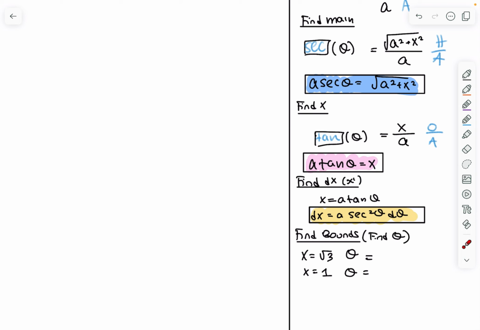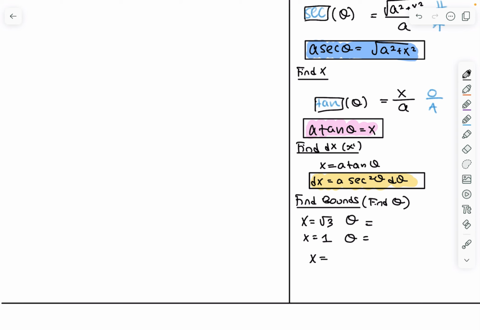So what I always like to do is take this equation over here. If x is equal to a tangent of theta, and a is really just 1, then to find theta, I can first get rid of the a, right? Divide both sides by a, so we have tangent of theta is equal to x over a, and we know that to find theta, we just take the inverse. So arctangent of whatever's here is equal to theta.